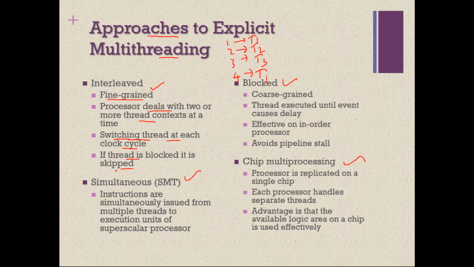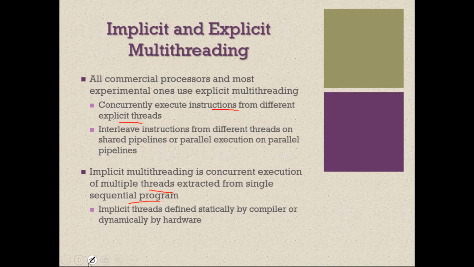Simply, how you can understand explicit multi-threading: say, for example, assume currently the system contains three processes, P1, P2, and P3. Each of these processes has two threads. Process P1 has threads T1 and T2, process P2 has threads T3 and T4, and process P3 has threads T5 and T6.